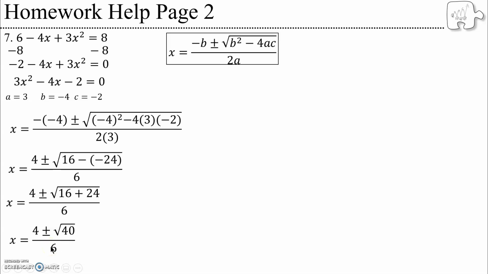Once again, we're in a situation where we don't know what the square root of 40 is. 6 times 6 is 36, 7 times 7 is 49. 36 was too small, 49 was too big, and it can't be any number in between either.